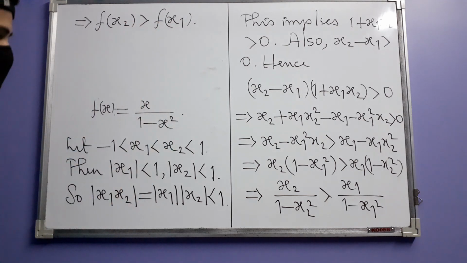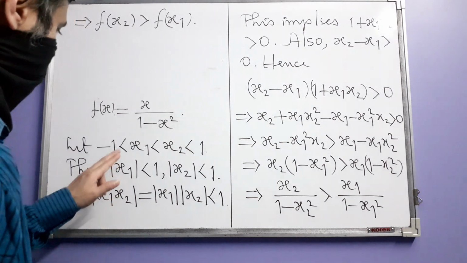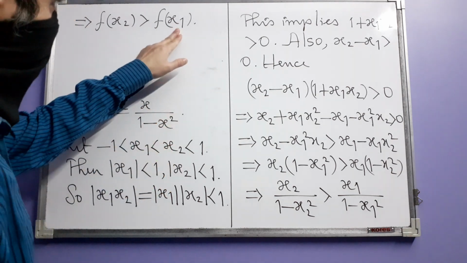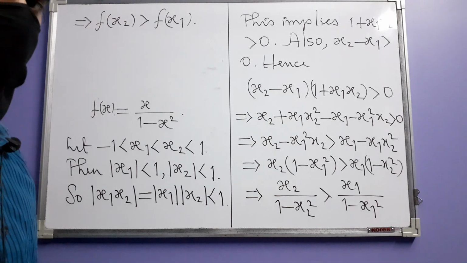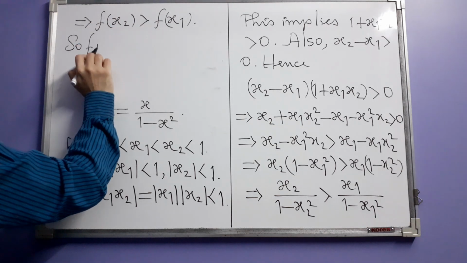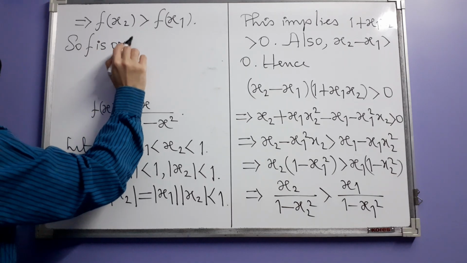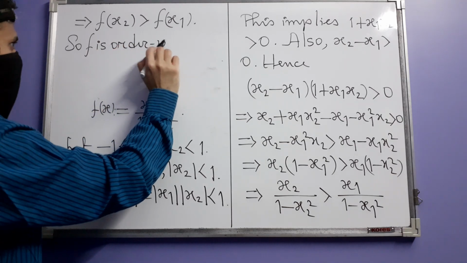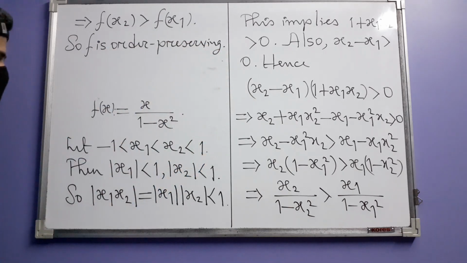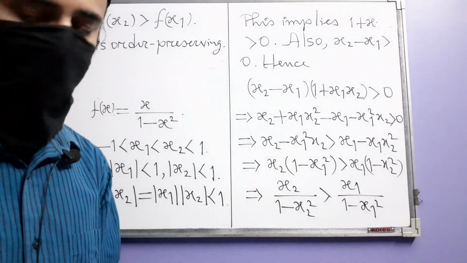So yes, f really is order preserving. If x1 is less than x2, then f of x1 is also less than f of x2. So f is order preserving. Next we see part B.